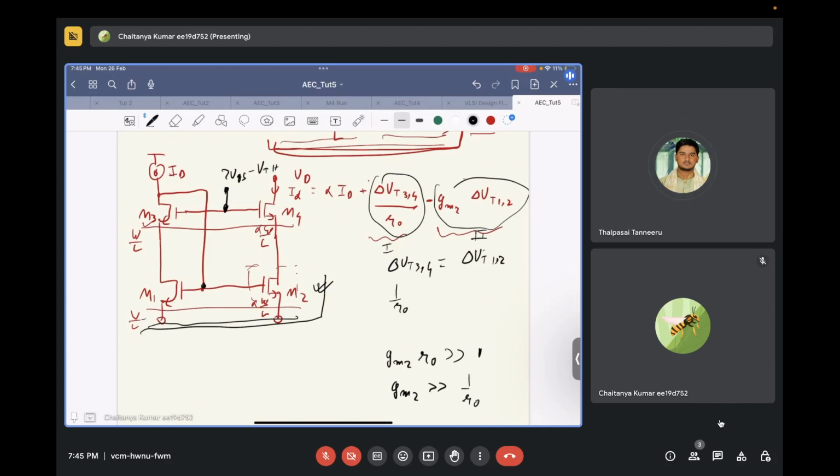Razavi can have the problems for this, but whatever circuits you encounter in Razavi, you can try to apply the same principle.